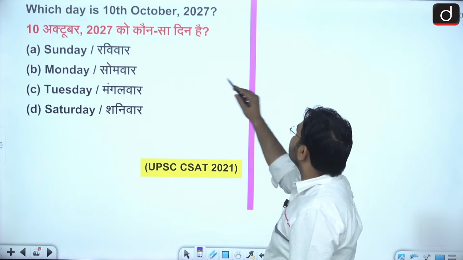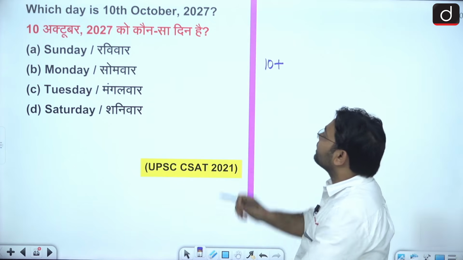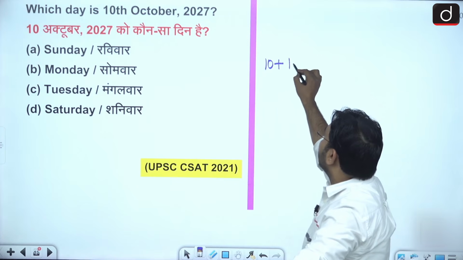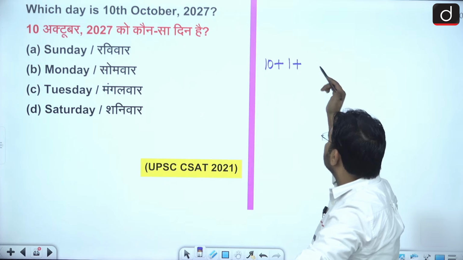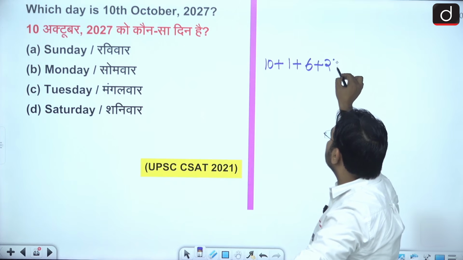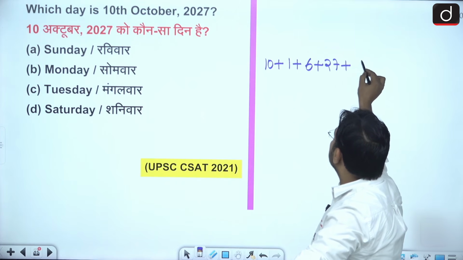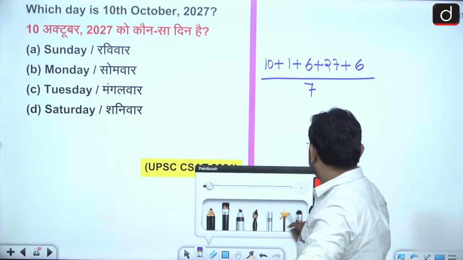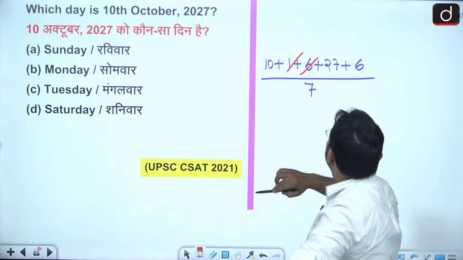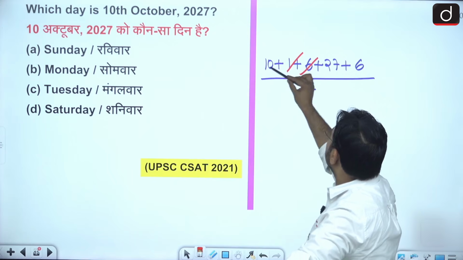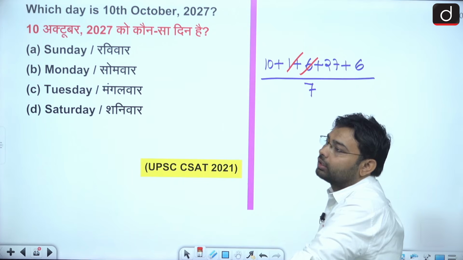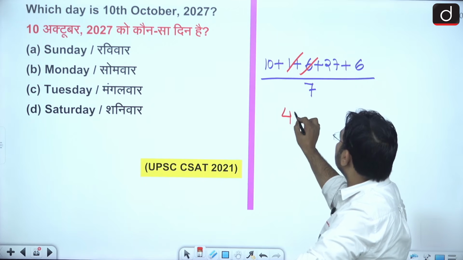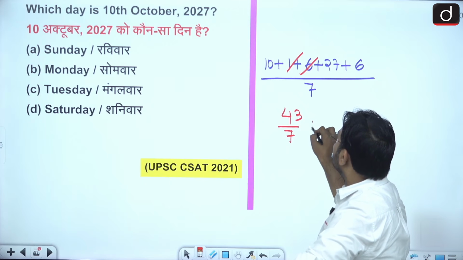Tenth of October, date is 10. Now month code is October, code for October is 1 and century code 6. 27 is the year, then 27 by 4 is 6, divided by 7. 27 plus 6 is 33 plus 10, 43 by 7.